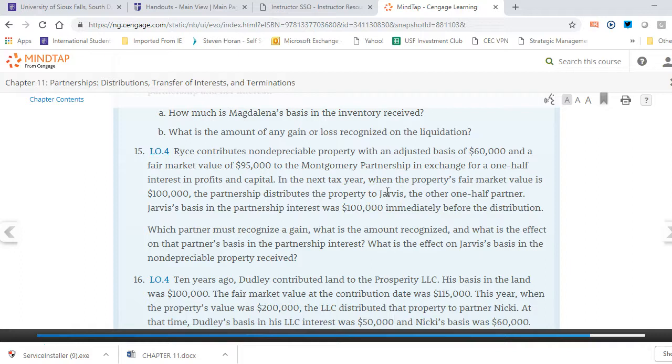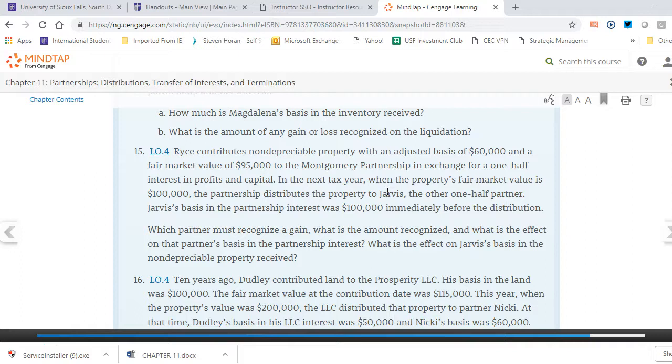So basically, under the regular distribution rules, the property originally took a carryover basis of 60 against Jarvis's $100,000 partnership interest, and then is increased by Rice's $35,000 gain.